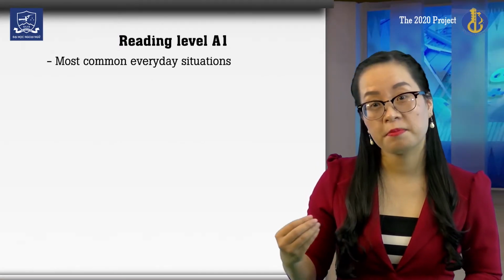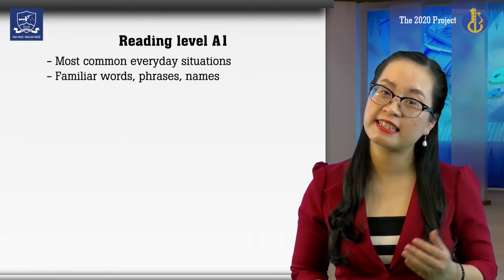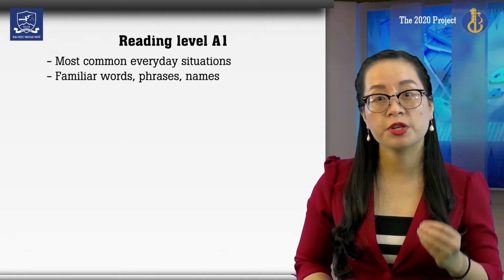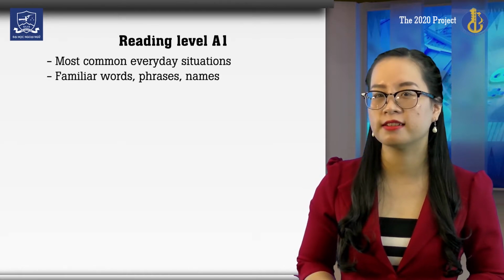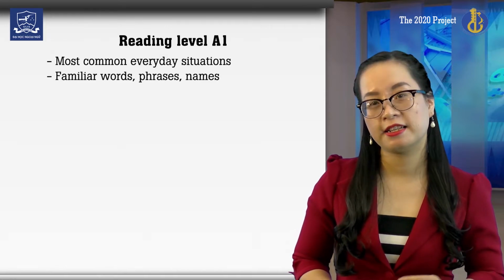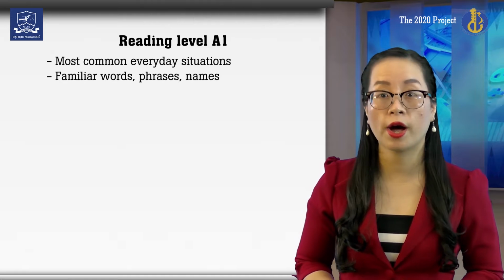They can identify familiar words, names, and phrases, or understand the main points of very short, simple texts with the help of pictures, images, diagrams. And if they can reread the text, that's something about reading level A1.